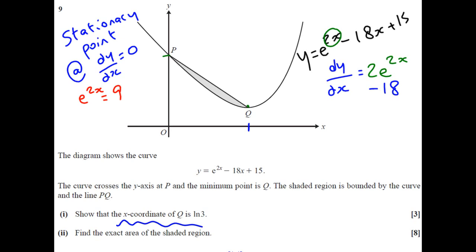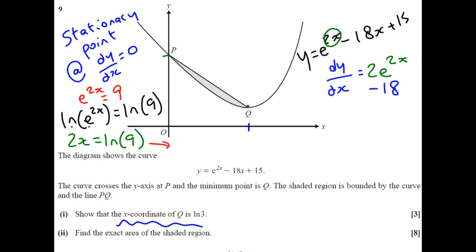Take ln of both sides. Ln of e to 2x equals ln of 9. Now, ln and e are inverses, so they undo each other. You're going to be left with 2x equals ln of 9. And then that gives you that x equals a half ln of 9.